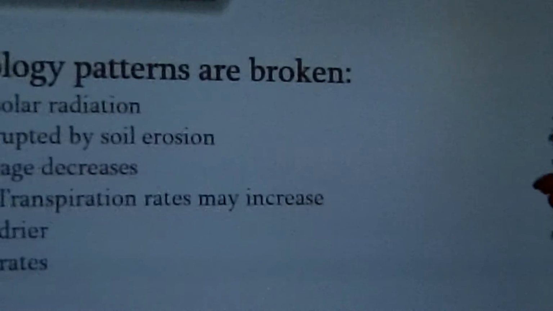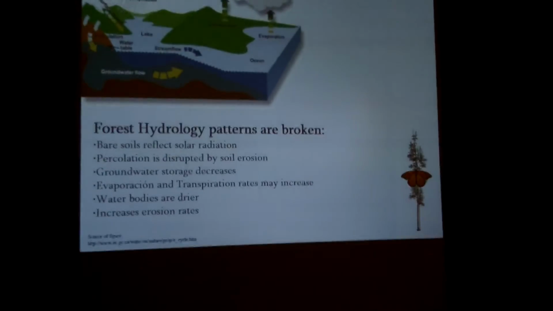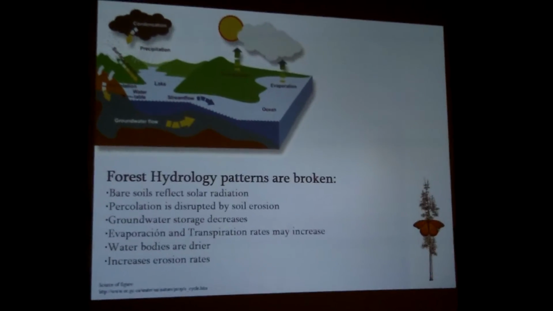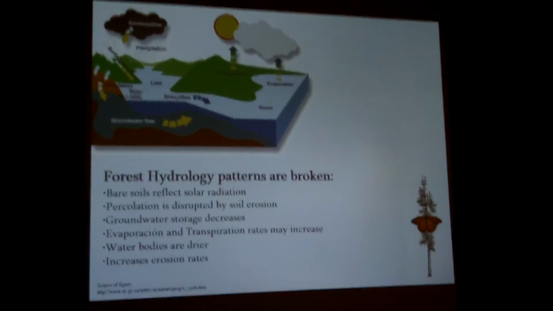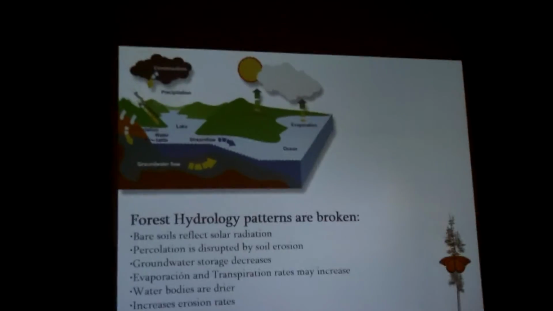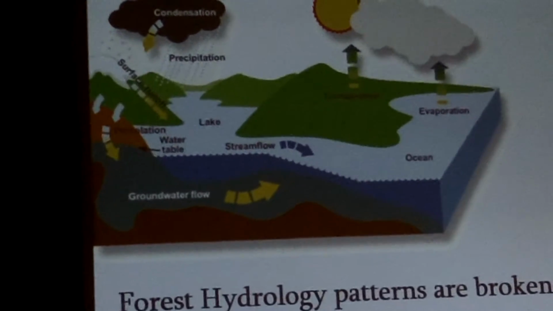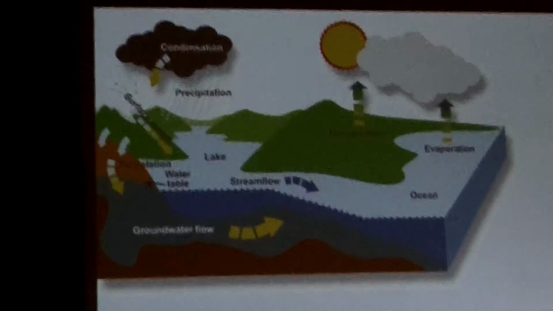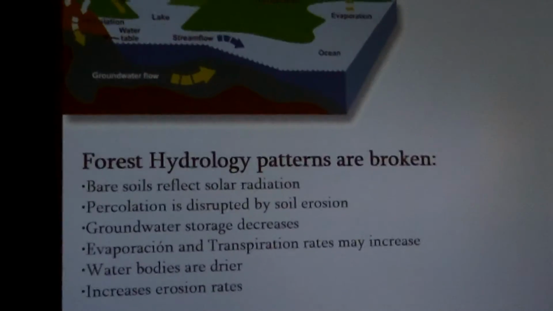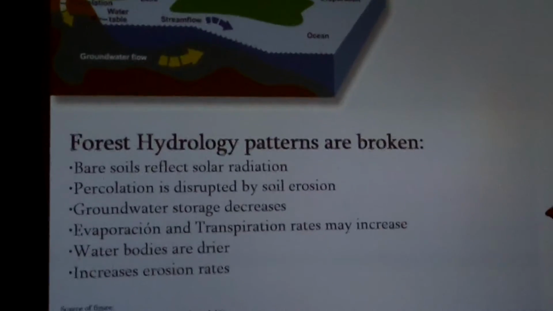Anyway, regarding the forest hydrology, as I was saying, the patterns are broken as well. The bare soils reflect more solar radiation, which implies hotter spots, which is not good even for the monarchs, because we're also breaking the weather that they love to winter in, and also for other species.